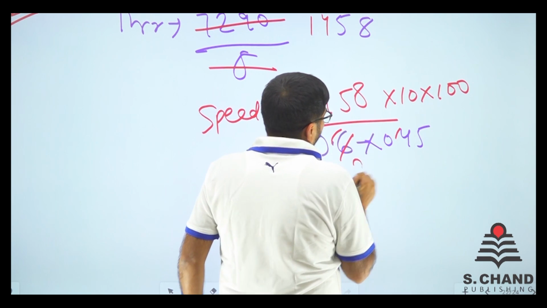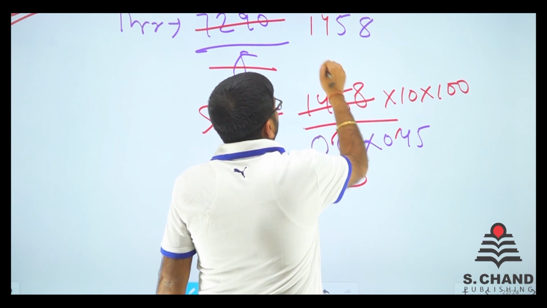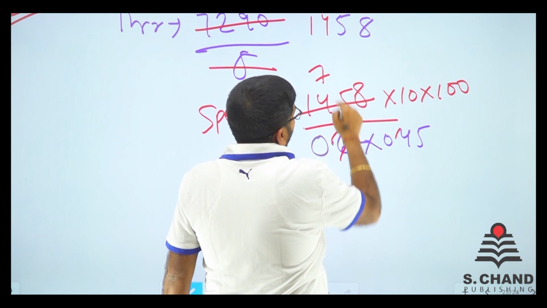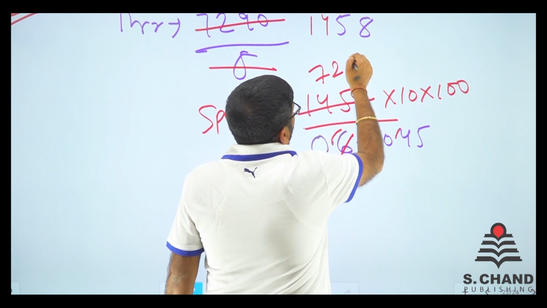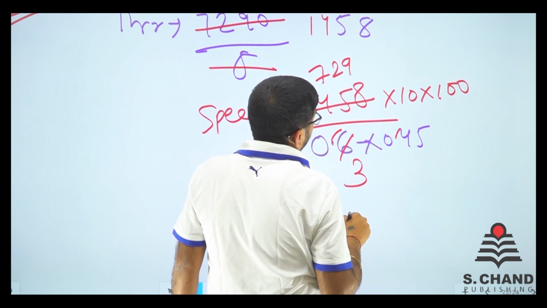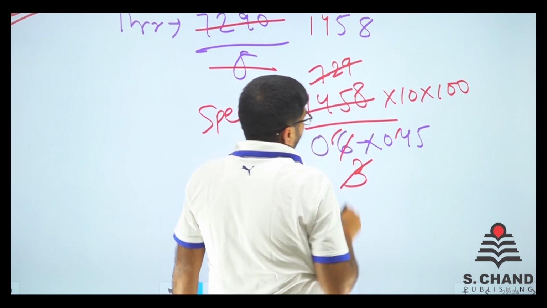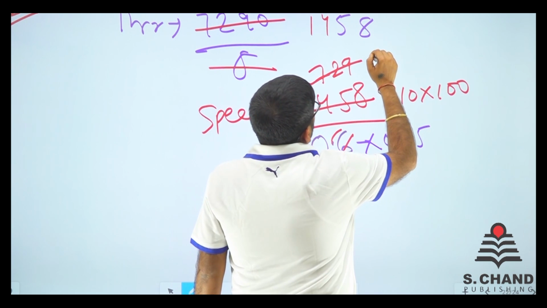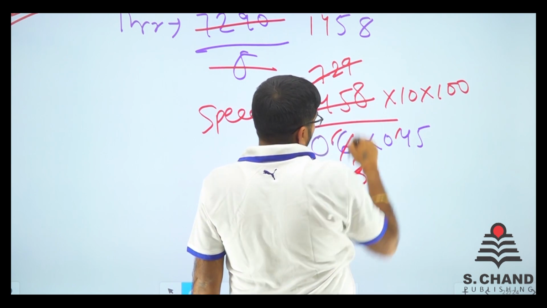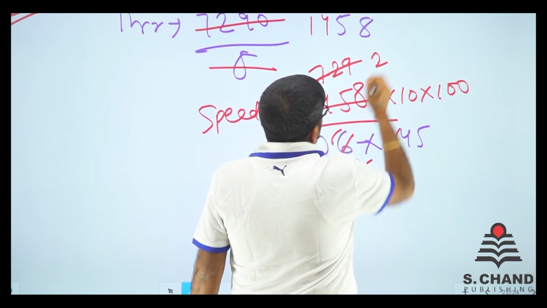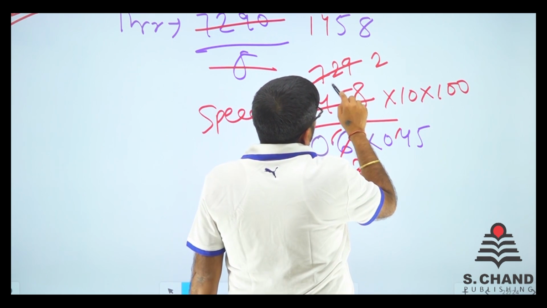So we do it like 3 times, then we do it 7, then 5. So 5 is 2 times, then 18 is 9 times, right? 729. When you divide this by 3, so we have got 7, 3 is like 2 times 6, then we got 12.